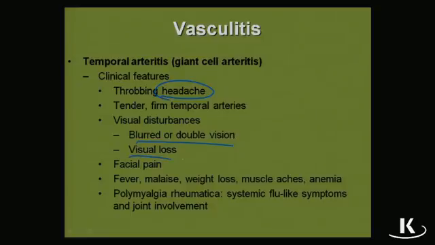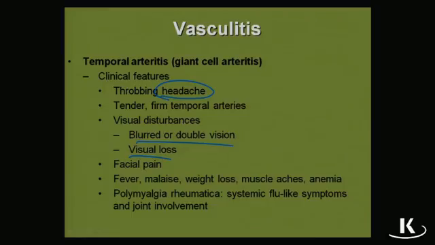Okay, now, very important, if they get temporal arteritis plus flu-like symptoms and joint pain, there's a condition called polymyalgia rheumatica that you may see on the STEP. So once again, polymyalgia rheumatica means the patient has temporal arteritis plus flu-like symptoms and joint pain.